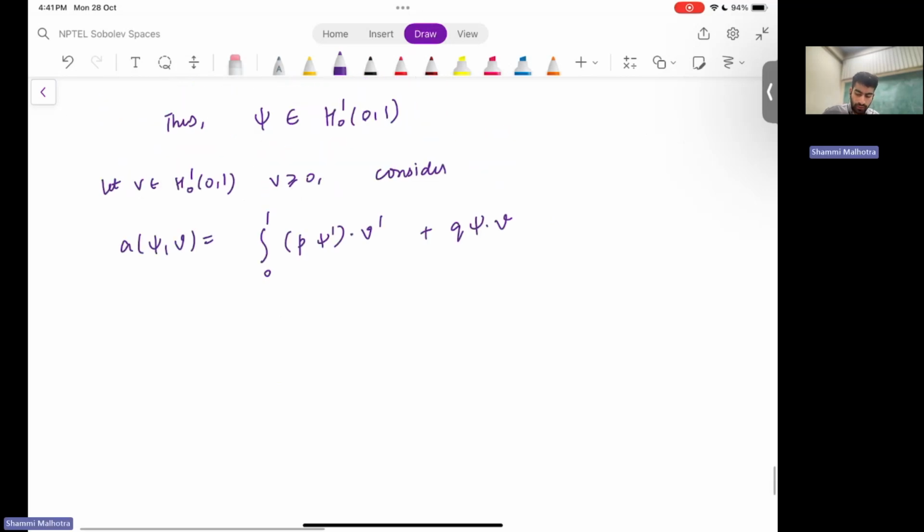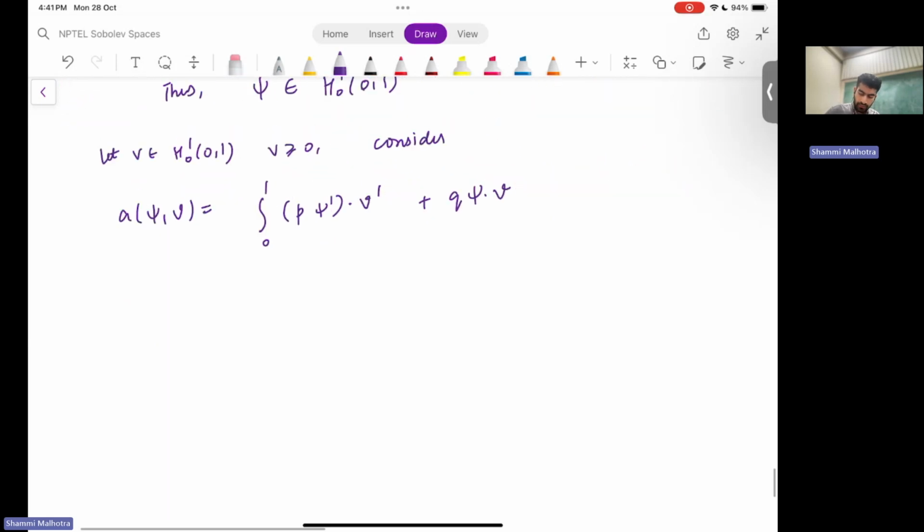So what we do is we plug in the value of psi there. Psi is A phi minus zeta.